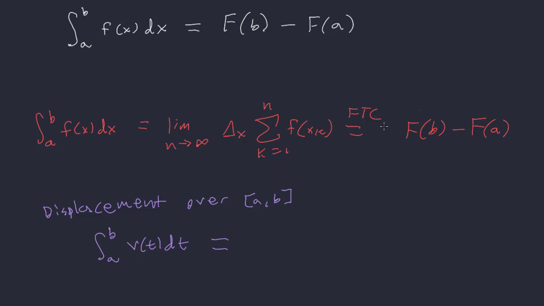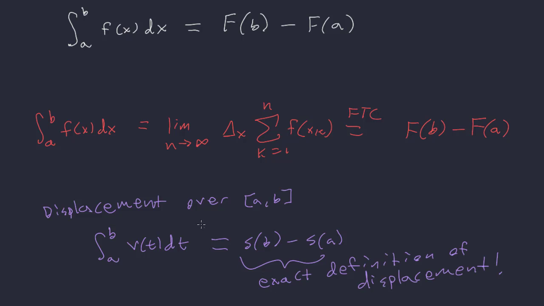What this is saying is it will be the antiderivative of the velocity. Well, that's the position, so it will be the position at b minus the position at a, and that is the exact definition of displacement. This is what we get also from the fundamental theorem of calculus.